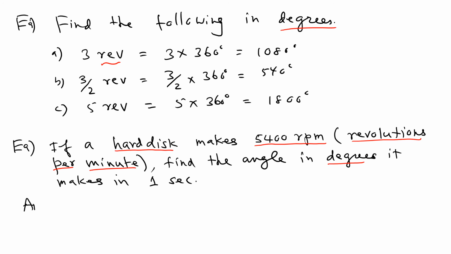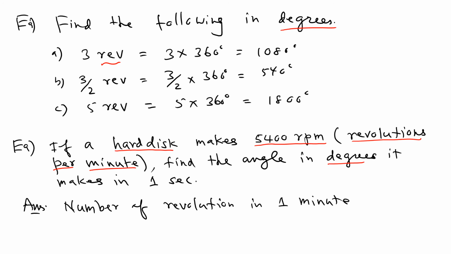So we can say the number of revolutions in 1 minute is equal to 5400. That's for 1 minute. And then how many in 1 second?